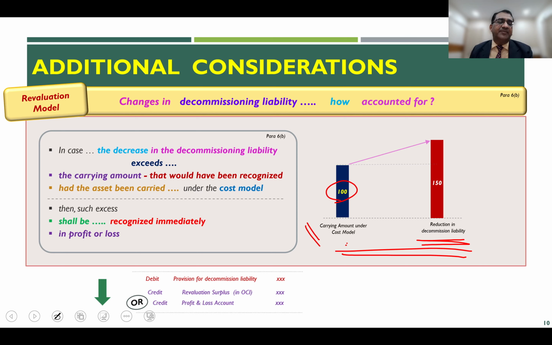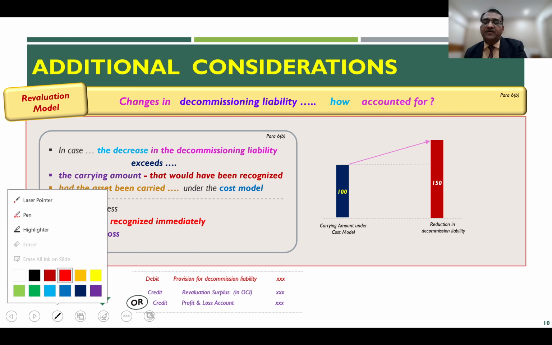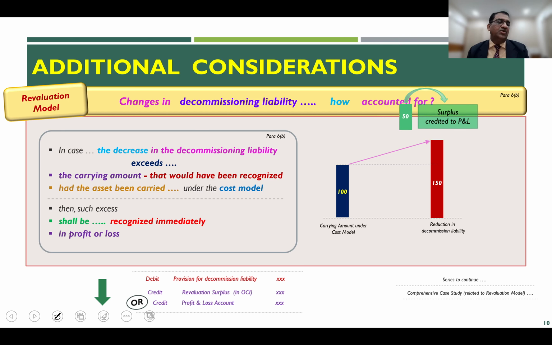Now, if the reduction in liability is 150, the delta of these two, which is 50, goes directly to the profit and loss account. So that is what it says: to the extent of this 50 rupees, the surplus is credited to the profit and loss account as required in paragraph 6b of the standard which we have been referring to. That is what you have to look at.